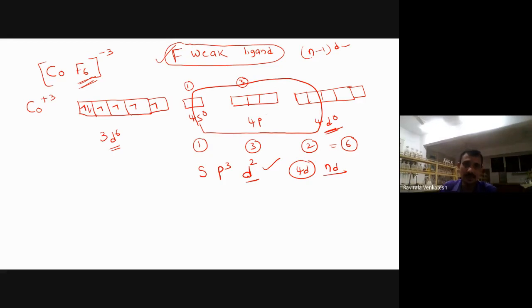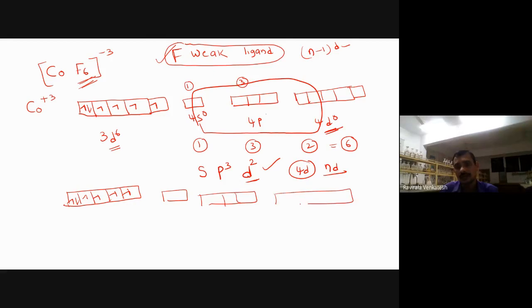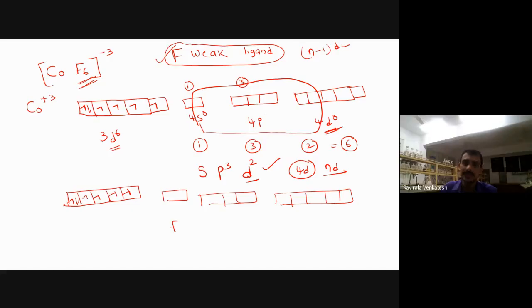This is very important. Again I am writing the same thing: one s orbital, 3 p orbitals, and 2 d orbitals. The first fluorine donates a lone pair, the second fluorine donates here, third, fourth, fifth, and the sixth fluorine donates here. So you got sp3d2 hybridization.